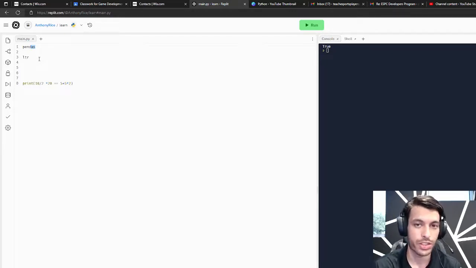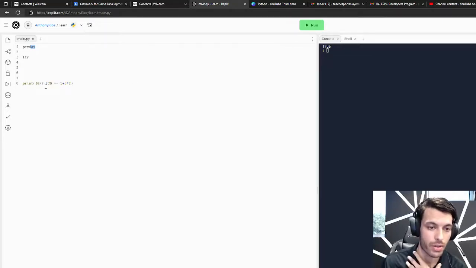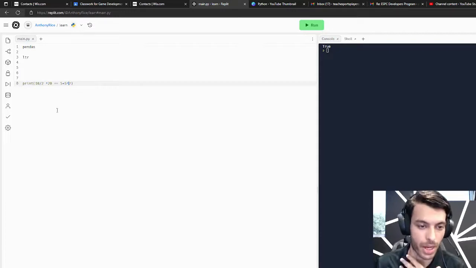For example, here I would do 10 divided by 2 first, times 20, since I have multiplication and division here. But here, I would do 5 times 2 first, and then I would add 5, because multiplication comes first, and then addition. Just some good things to keep in mind.